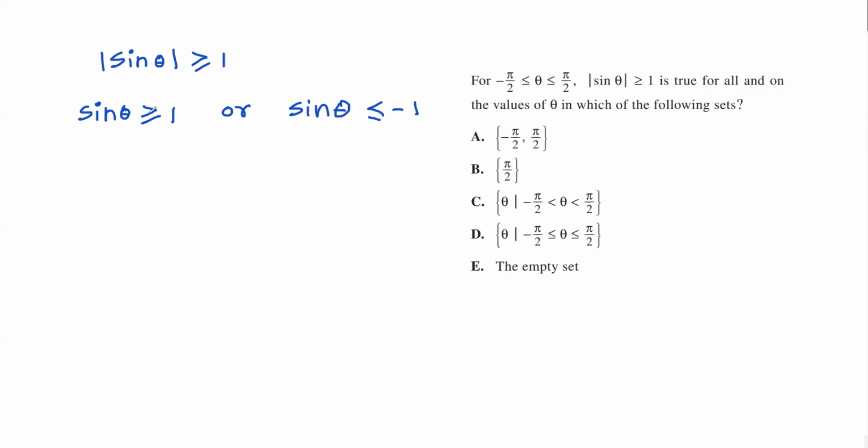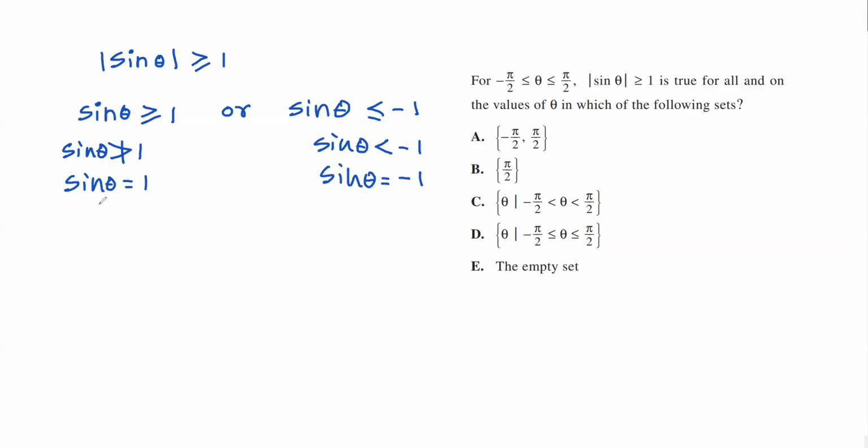It says sine theta is greater than or equal to 1, but sine theta cannot be greater than 1. So it's just sine theta equals 1, right? And in this case, sine theta is less than or equal to -1, but sine theta cannot be less than -1. So the only possibility is sine theta equals -1.